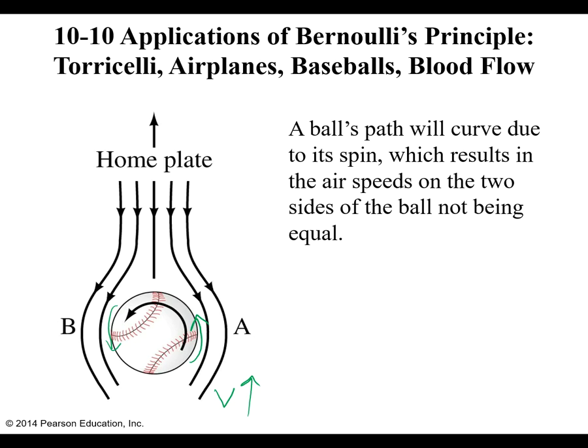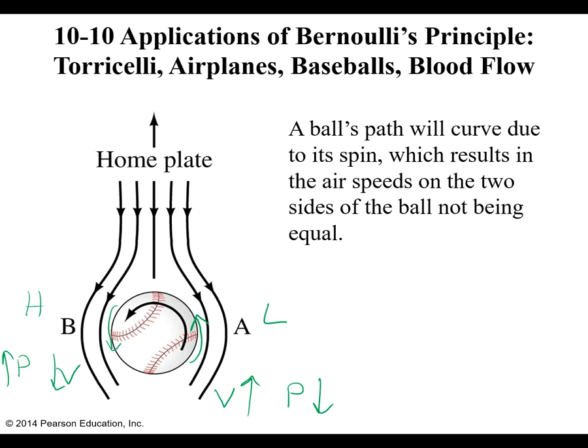Comparatively speaking, that ball isn't moving quite as quickly next to the air, so you have a smaller velocity. Well, from Bernoulli's equation, if we have a high velocity, that means we have a low pressure. And on the left side, if we have a low velocity, that means that we have a high pressure.